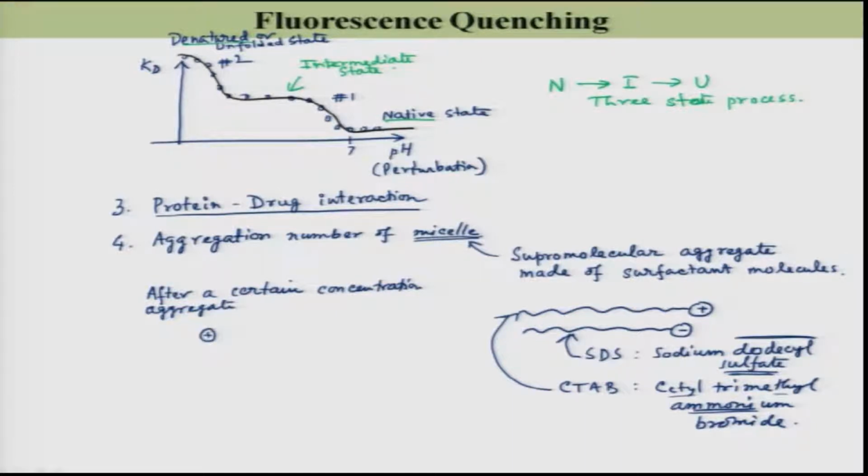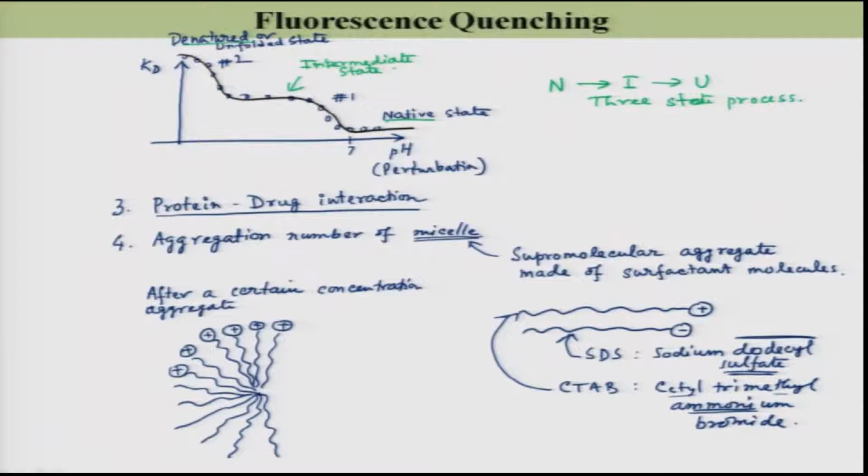For this surfactant, all the head groups will come outside, and the hydrocarbon chains of the surfactant will come together to form a kind of spherical structure, as I have drawn over here.